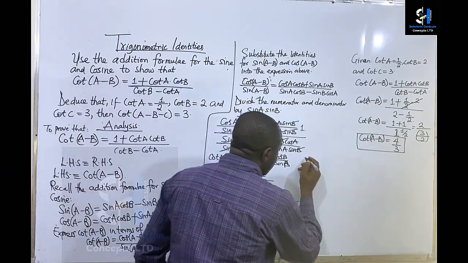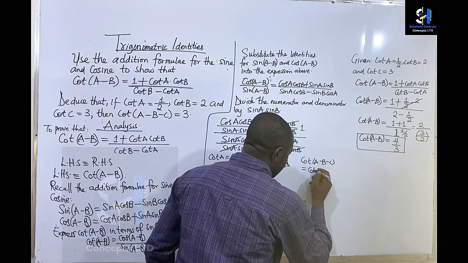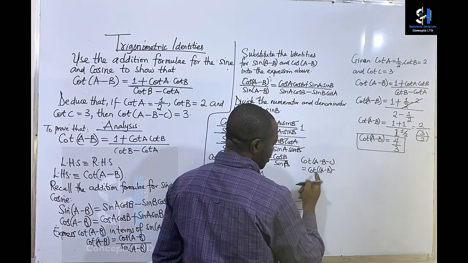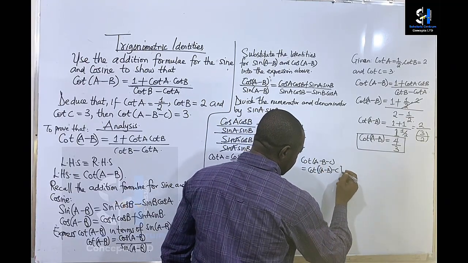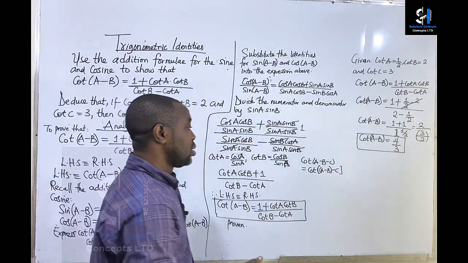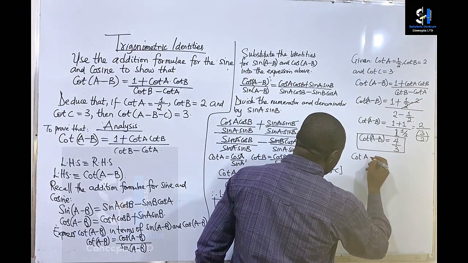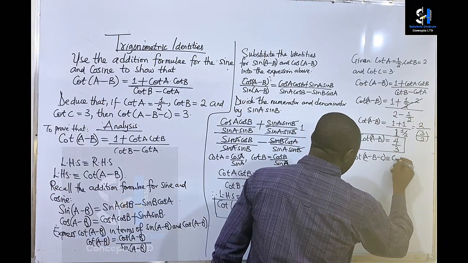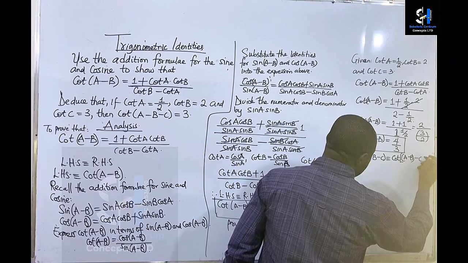Now, we know that cot(A minus B minus C) is the same as cot of (A minus B), then minus C, with parentheses. So we can write cot(A minus B minus C) as cot((A minus B) minus C).